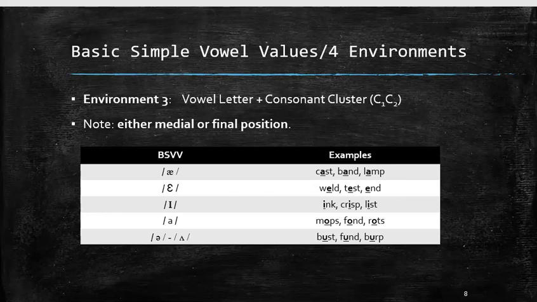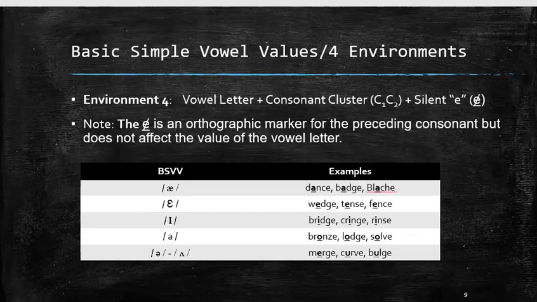In this case, you have the vowel. It's going to occur either in the middle or at the end of the word preceding a cluster. Examples: weld, crisp, fond, fund. Right? Notice the lax vowel.